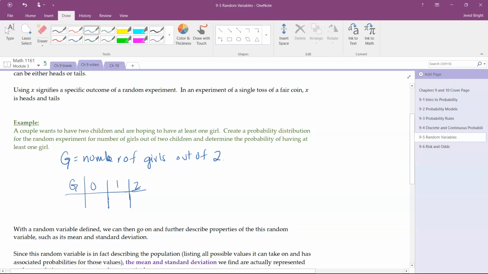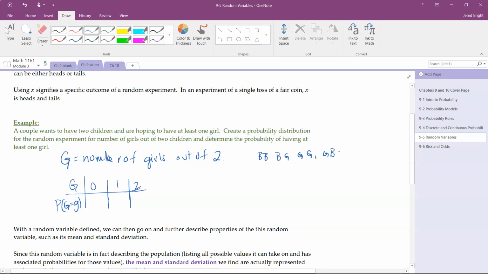Assuming that we have a fair or an equal chance of a boy and a girl, which is usually the case, there are 4 different permutations. So there would be boy, boy; boy, girl; girl, girl; and then girl, boy.